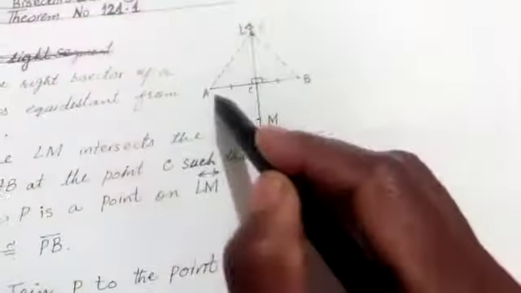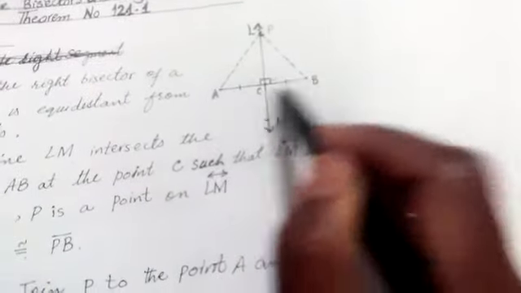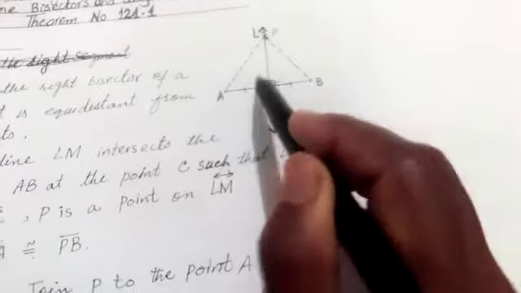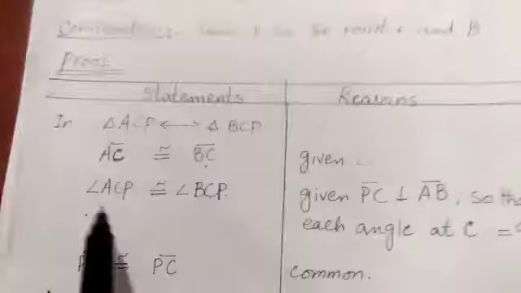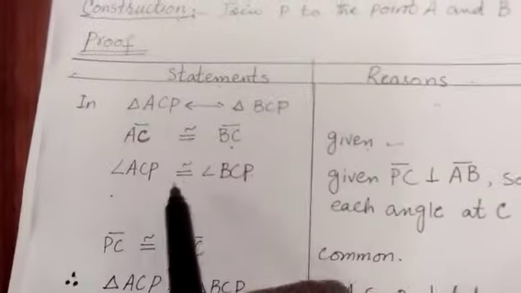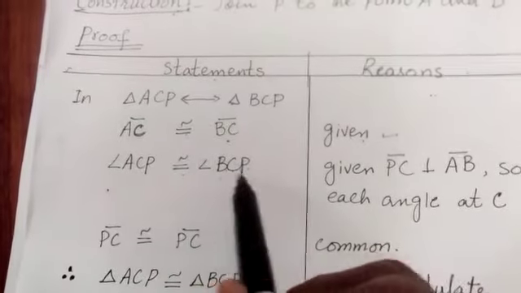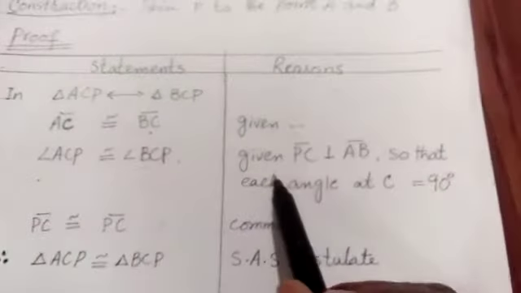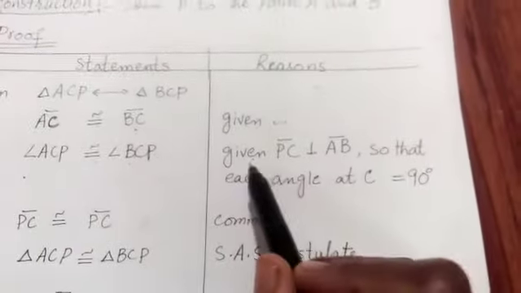And we write here another reason: LM is perpendicular to AB, and a perpendicular makes right angles on both sides. So angle ACP is congruent to angle BCP, and the reason is given.